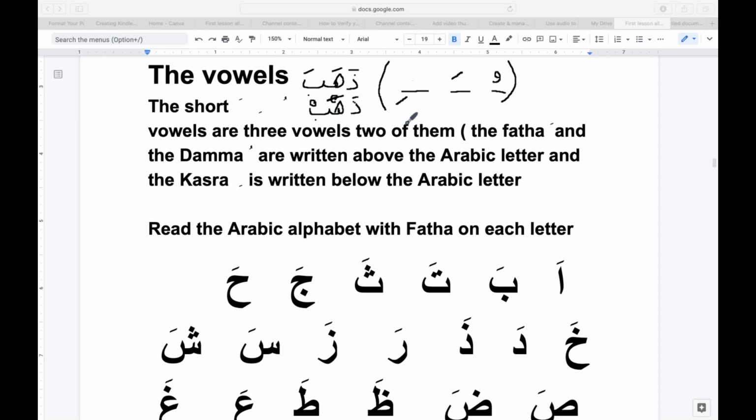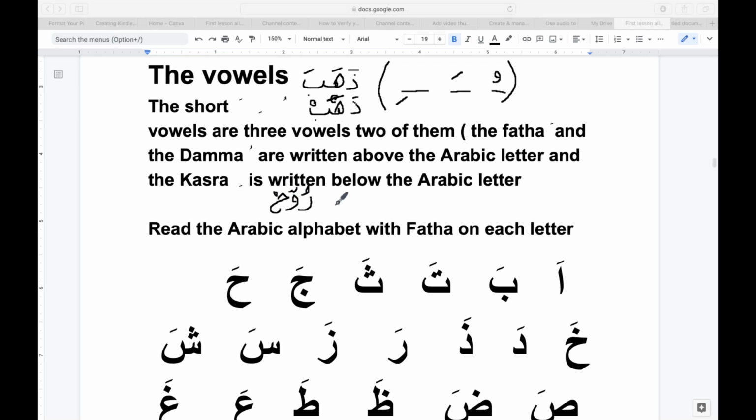Again, there are a lot of other words. For example, the word روح, which means spirit or soul.